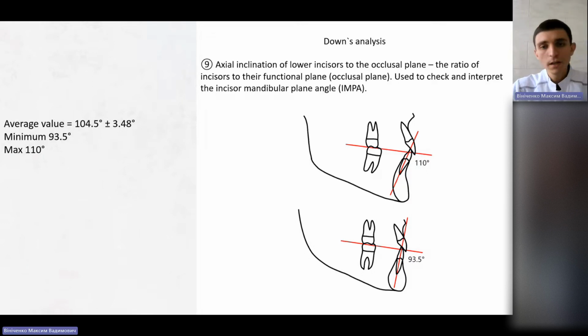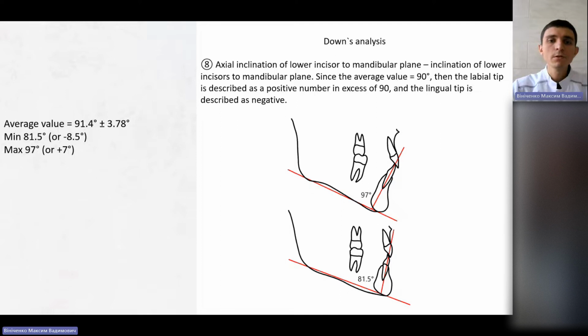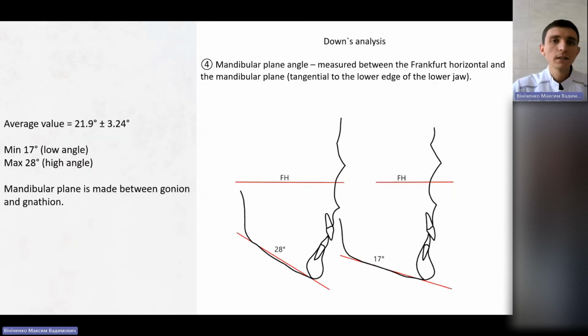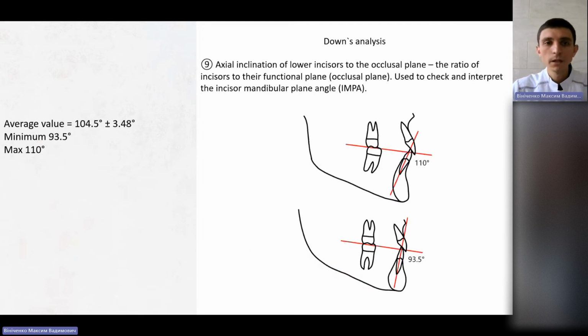In our practice, we use IMPA, we use procumbency, the Y-axis angle, the mandibular plane angle, but we don't use the lower incisors to the occlusal plane as much. You need to understand that there are a lot of different types of cephalometric analysis: Downs analysis, Steiner analysis, Jarabak, Kim, Tweed analysis.